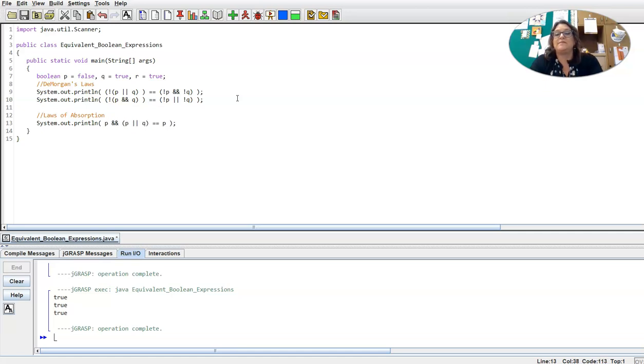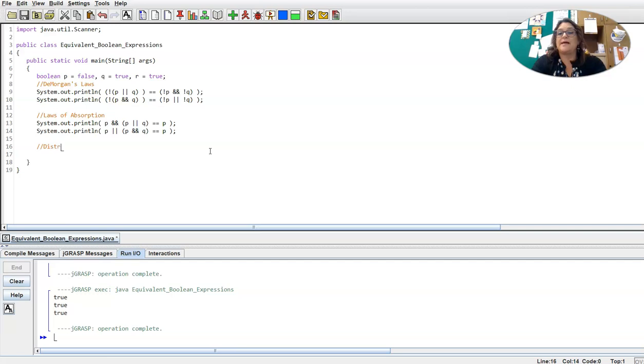So space this out, make it a little more readable. Okay, that law of absorption also works if this is an or and this is an and. Okay, so both versions of that are going to evaluate to P.